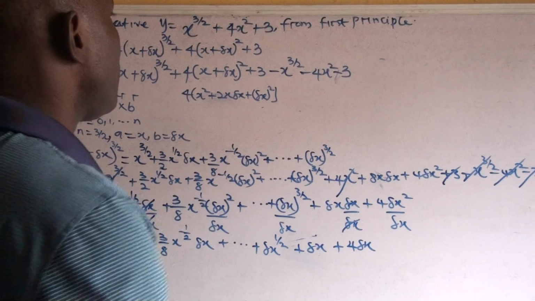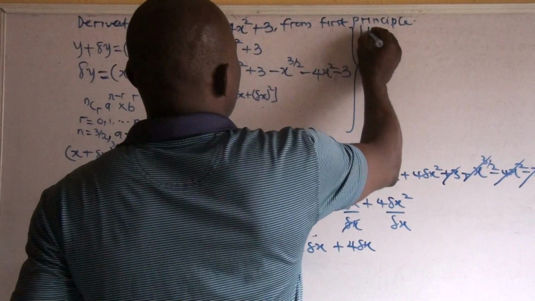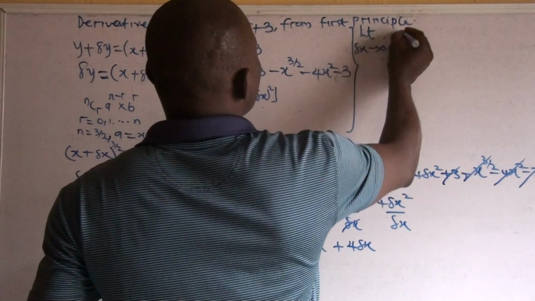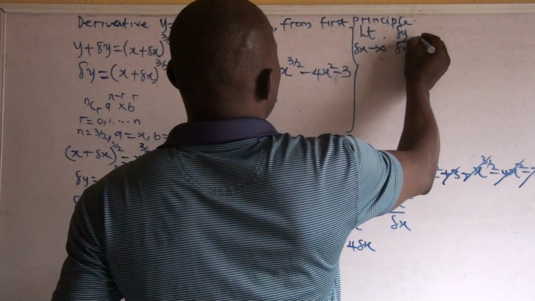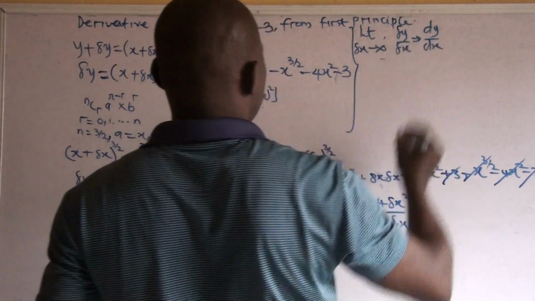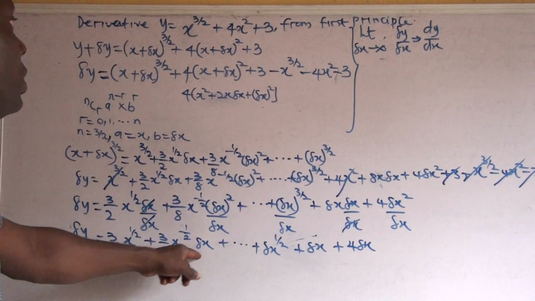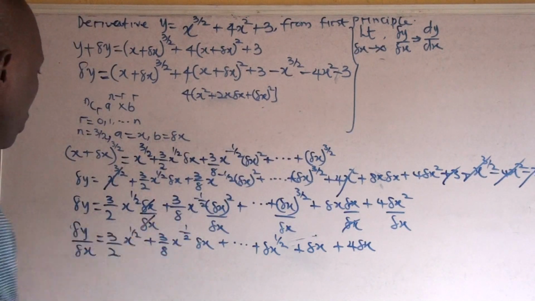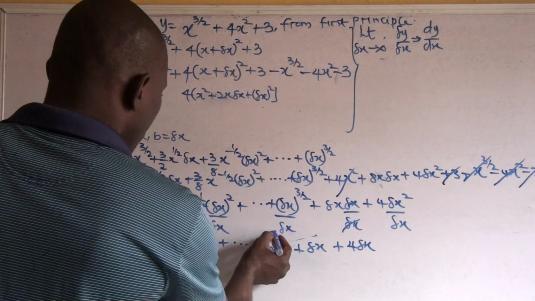The next thing is that we are taking the limit of both sides as delta x tends to 0. Our delta y by delta x tends to dy by dx, so that wherever we see delta x here, we put 0 here. So if we put 0 here, that means the whole of this expression will be off.